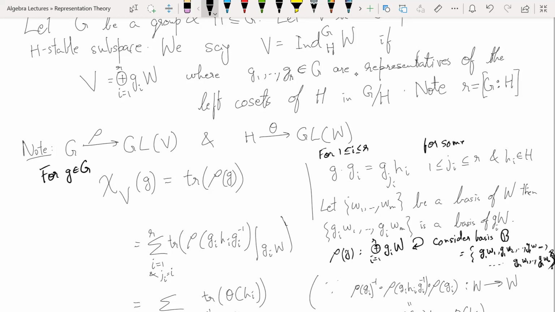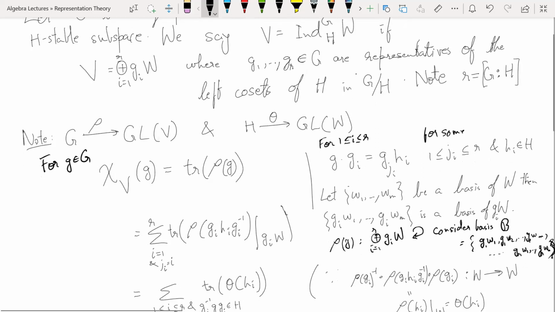So if you think about it with respect to this basis, you think of it as block matrices. On the first block, the trace contribution will be 0. So we only have to consider those i for which g times g_i is the same as g_i.